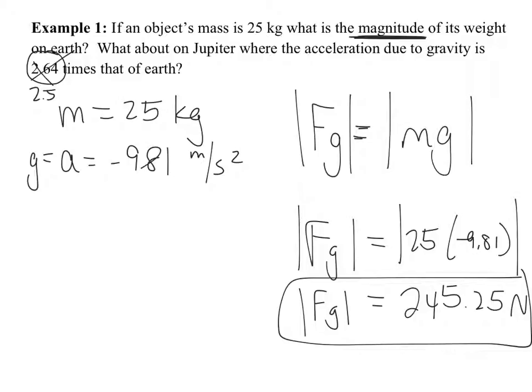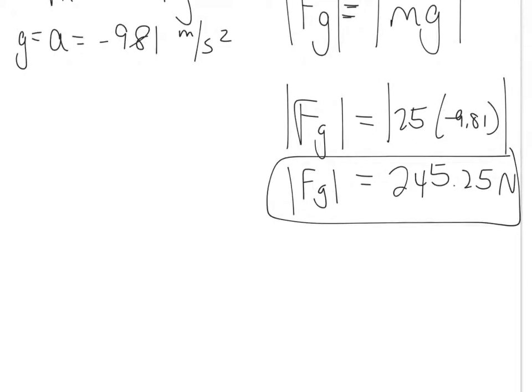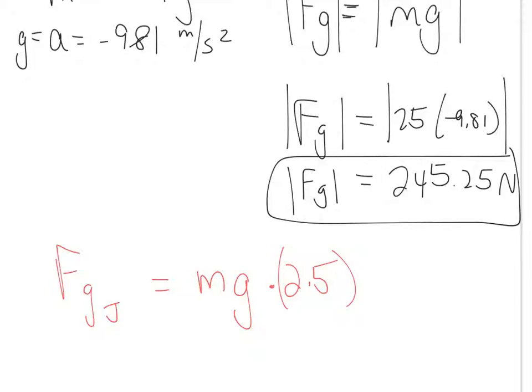So again, if I want to figure out what the weight is on Jupiter, I could do this. I could say the force of gravity on Jupiter is equal to mass times gravity on Earth times 2.5, because it's 2.5 times larger. Remember, g is 9.81. So 9.81 times 2.5, because it's 2.5 times larger, times the mass.